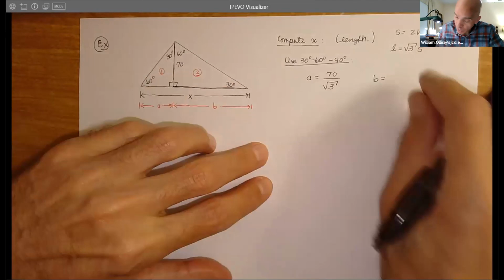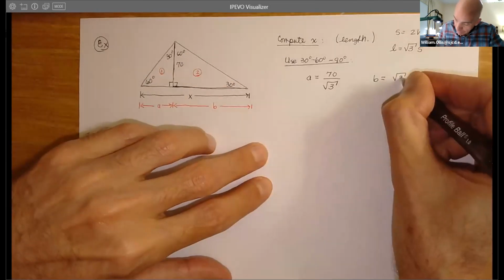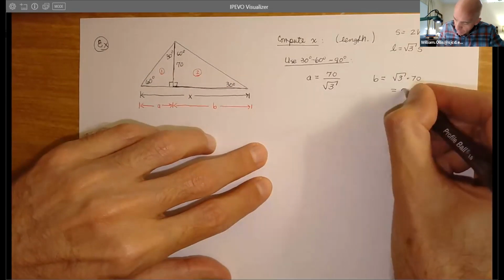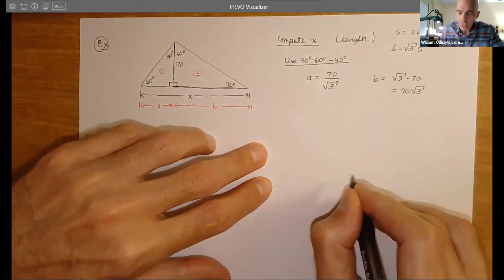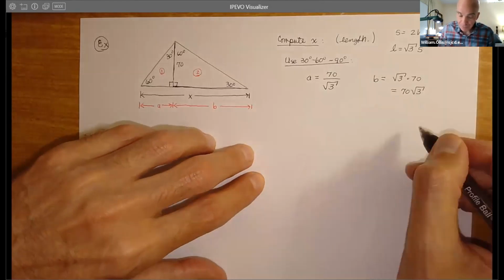So just use this directly. Times the 70. And then, of course, I'll write it so it looks a little bit better, 70 times square root of 3. So that's just using this formula here. Same formula, one we multiply, one we divide.